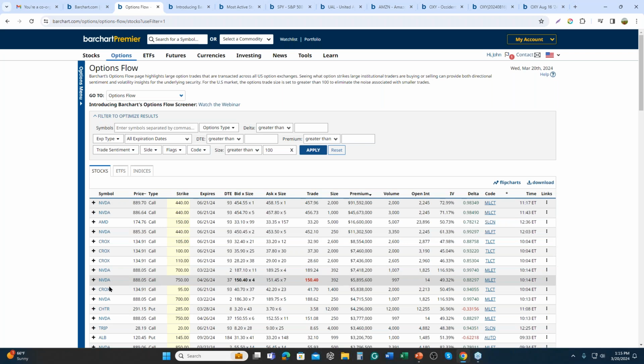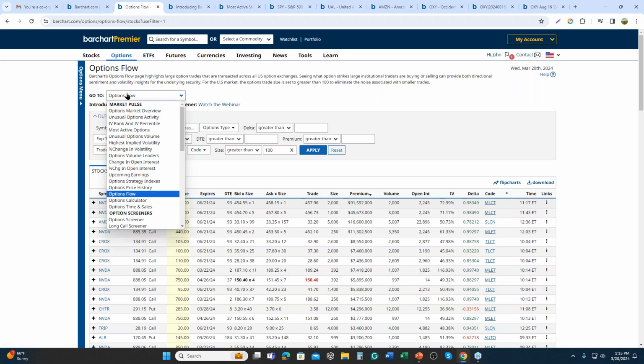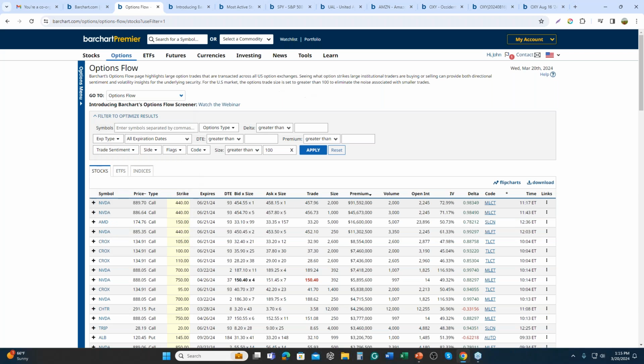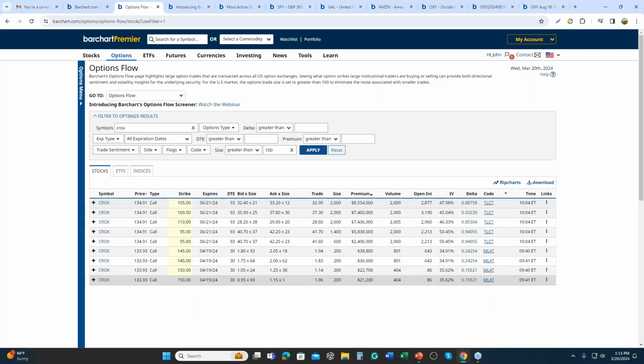The one that pops right here is Crocs. So I can become a little more granular, type in a contract specific symbol, and that will give me Crocs. Then I'm going to look at the Crocs trade.